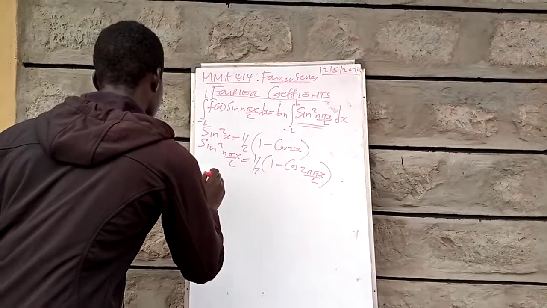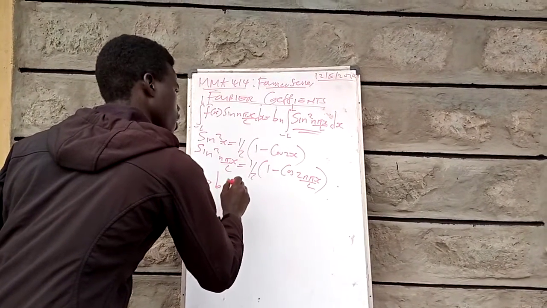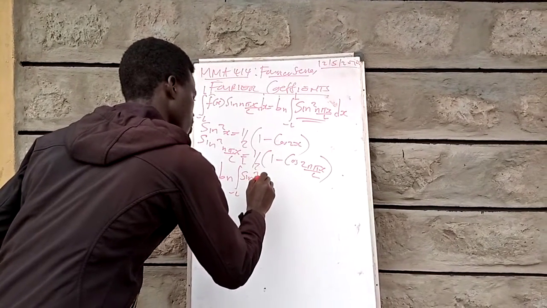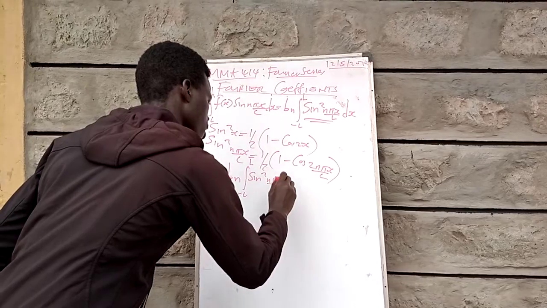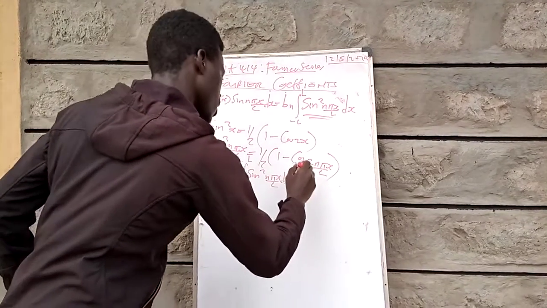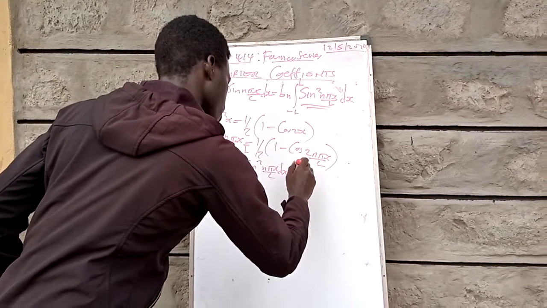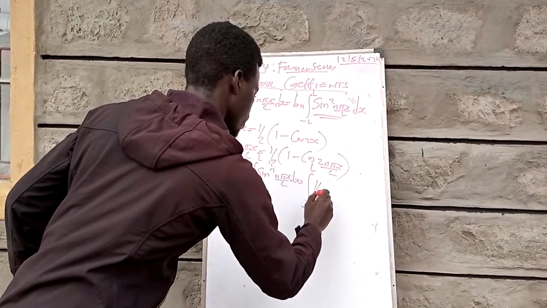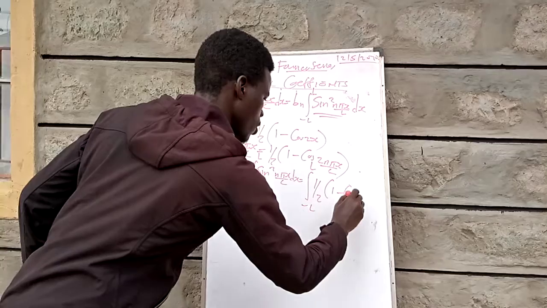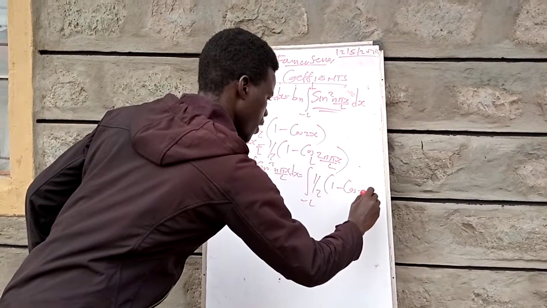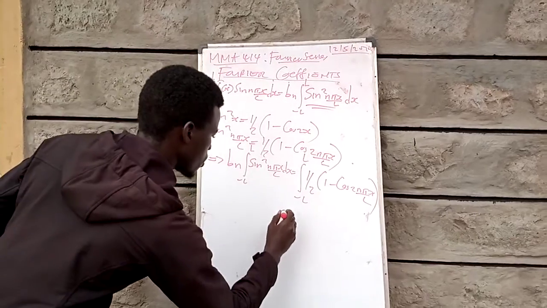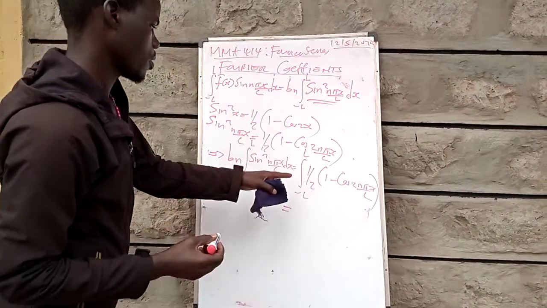So which implies that bn integral from negative L to L of sin squared n pi x over L dx equals the integral from negative L to L of a half into 1 minus cos 2 n pi x over L. So the integral is very simple.